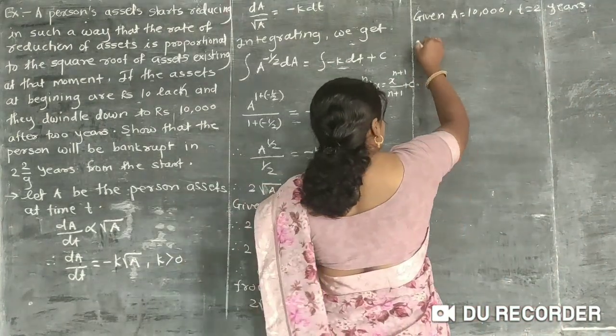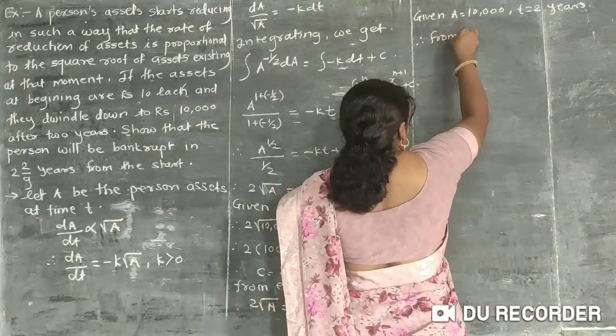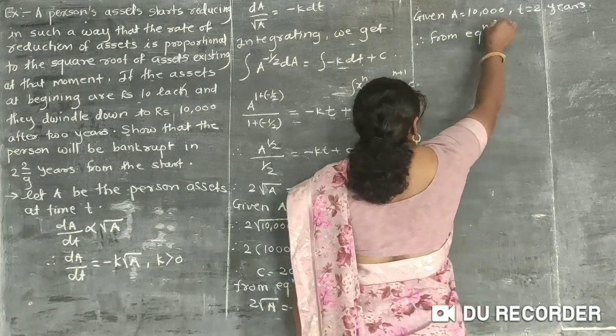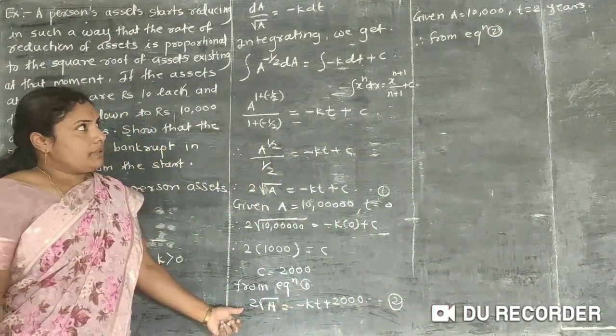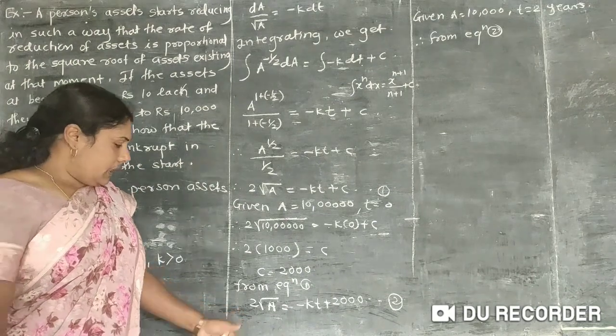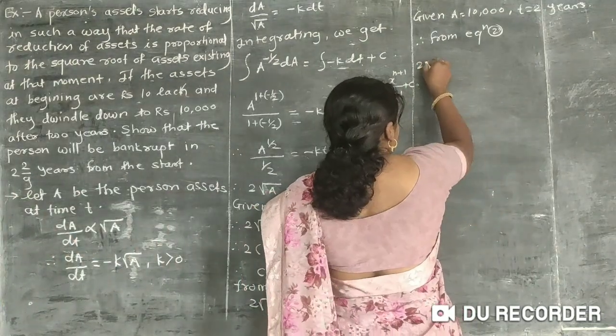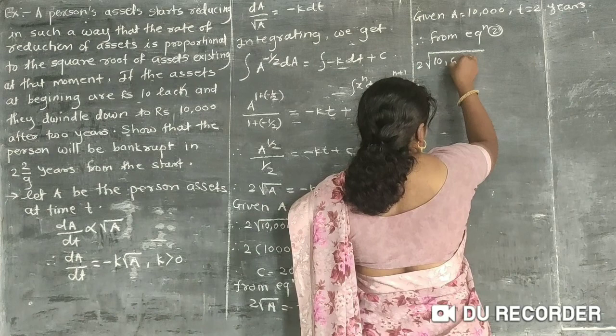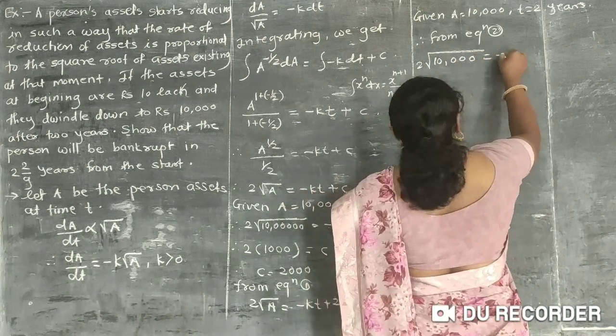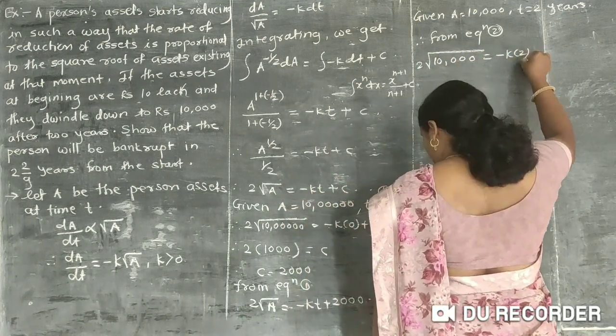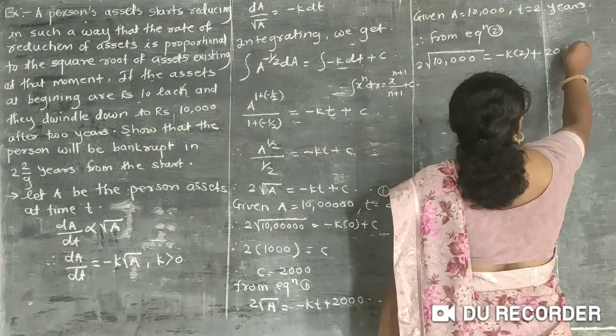Therefore, from equation 2, we substitute the values in this equation. We get 2 into square root of 10,000 is equal to minus k into 2 plus 2,000.